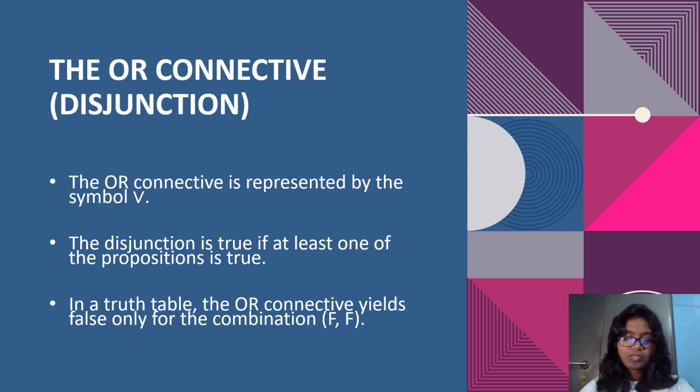In the previous case we saw that only if both are true will the connective be true. In this case, if in the truth table just one is true, the condition will be true. In a truth table, the OR connective yields false only for the combination of false, false.